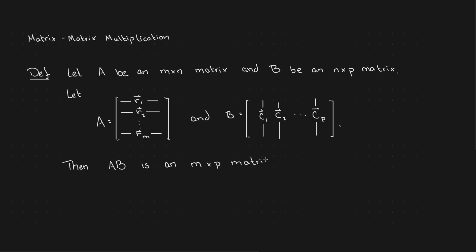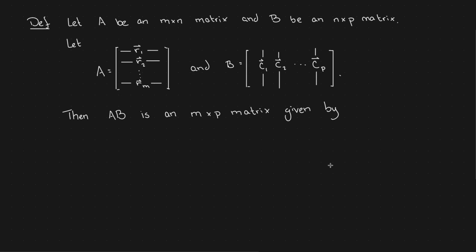M rows and p columns, given by, so AB, each element is going to be a dot product of one of the rows of matrix A and one of the columns of matrix B. The entry in the first row and first column is going to be the dot product of the first row of A with the first column of B. Okay, the entry in the first row and the second column is going to be the dot product of the first row of A with the second column of B.